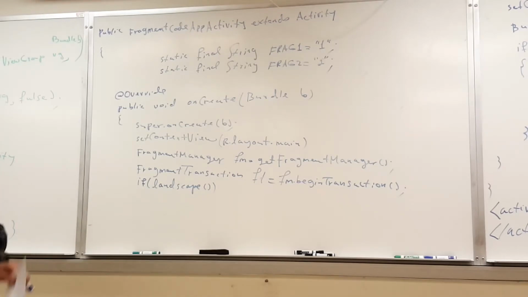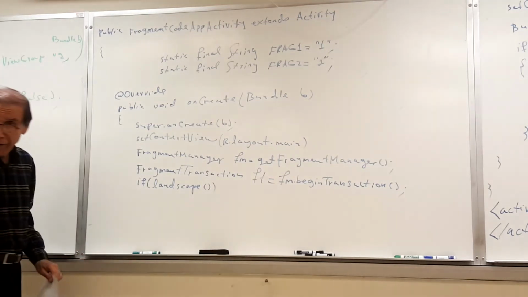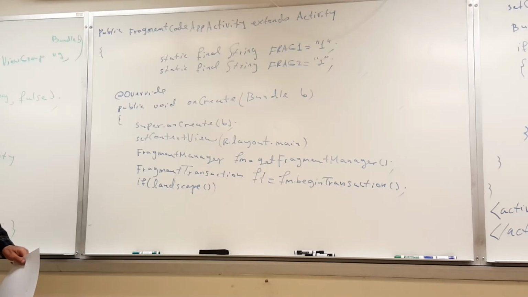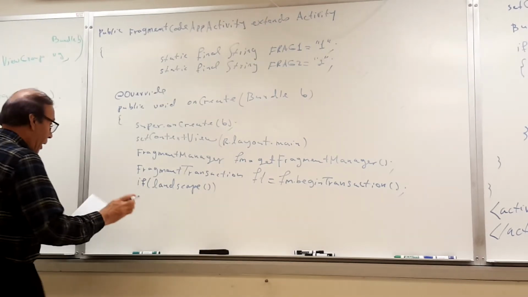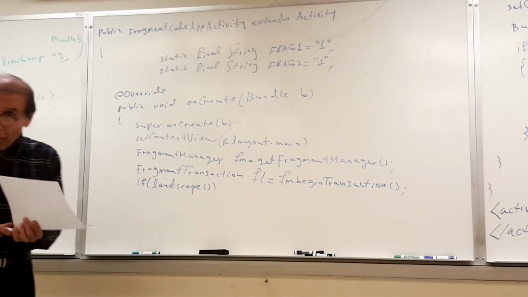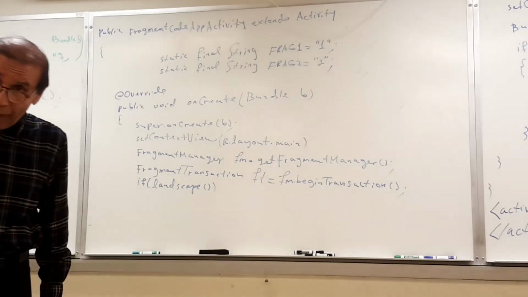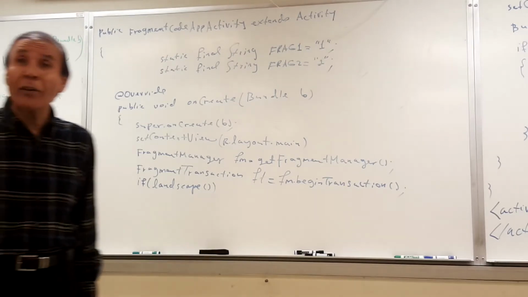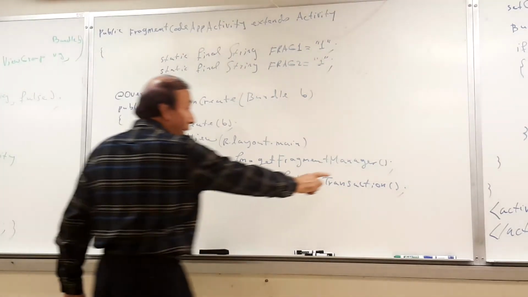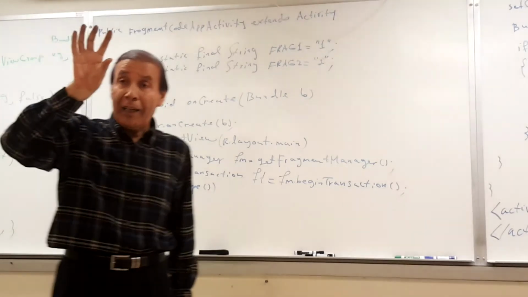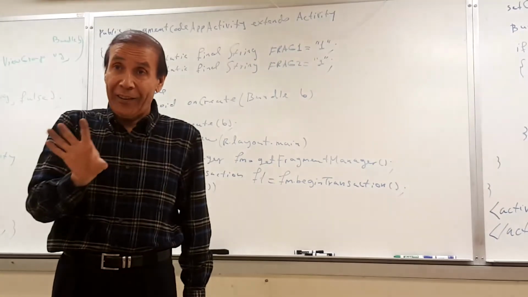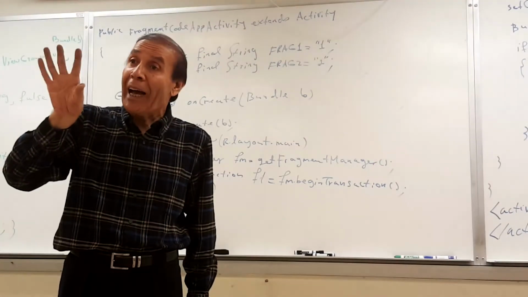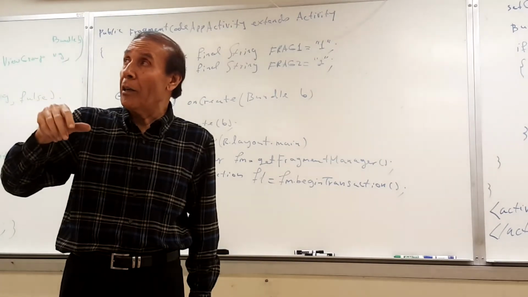In landscape, two fragments should be together, right? That's what we're going to take care of right over there. So we need to add the two fragments to our view, right? You remember we already made our view in our main, which was linear, right? I said we are using them as the placeholder.